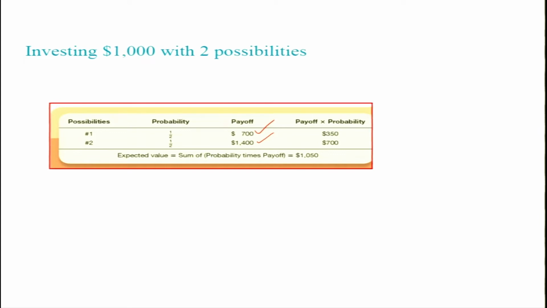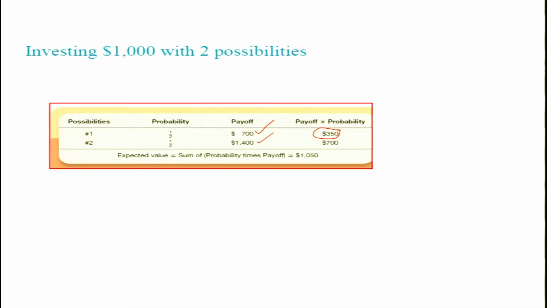We will refer to the amount you could get back as the investment's payoff. So, what is the payoff here? The probability of the stock price falling from 1000 to 700 is 0.5.